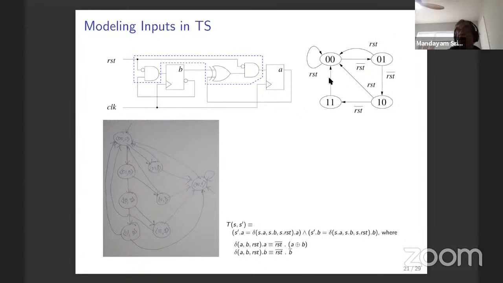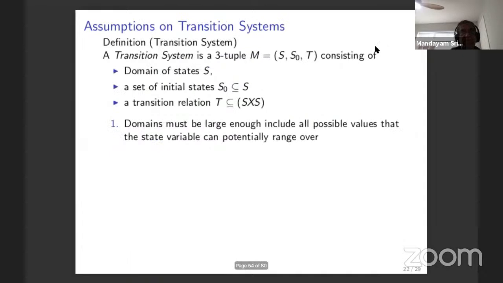But here, we don't exactly say how reset itself can change. That can be specified by a different system. So this kind of modeling is what I call open system modeling, where I allow for certain inputs to be free, and there can be another transition system that governs those things, and then we need to specify ways of composing those two things, which we will do later.